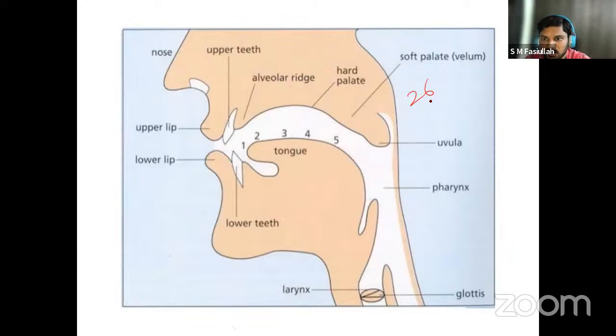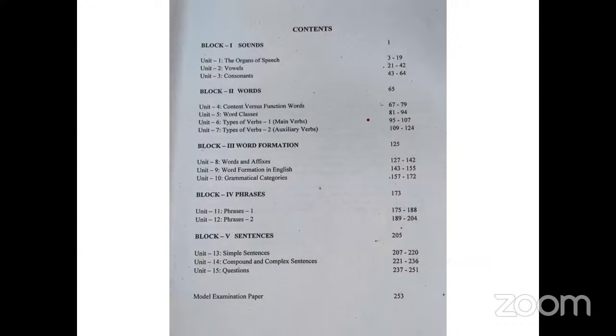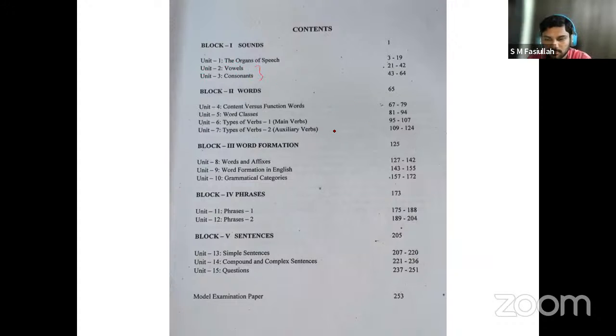We have 26 letters, out of which 5 are vowel letters. But when it comes to sound, we have 44. Hopefully in our next class, after organs of speech, we'll directly go into vowels and consonants. Okay.